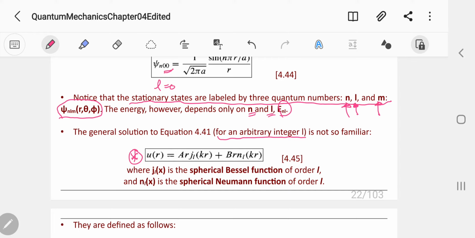For an arbitrary integer L, the general solution would be this form. It's not anymore sine and cosine.